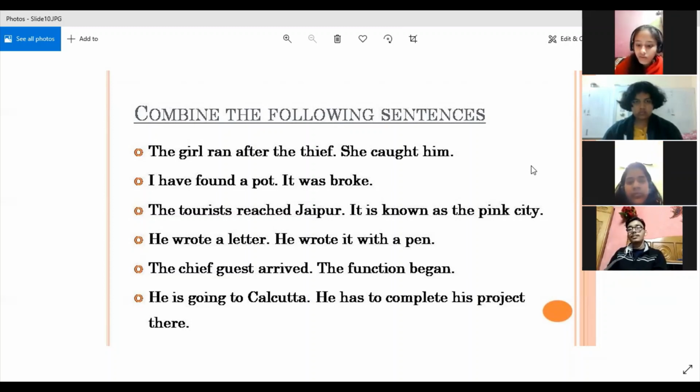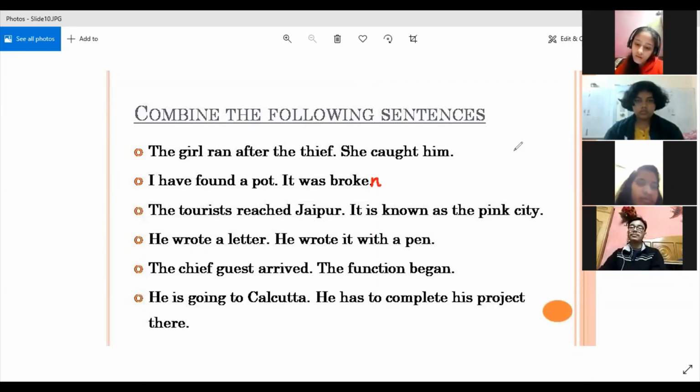Second, I have found a pot, it was broken. It was not broken. Sorry for the typing error. Yes, Divyanshi. Having found a pot, it was broken. No. Can you use a phrase over here? Or a participle again?